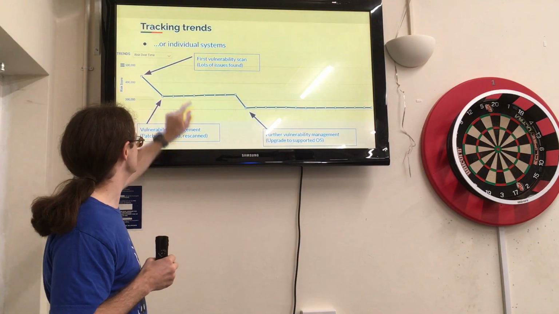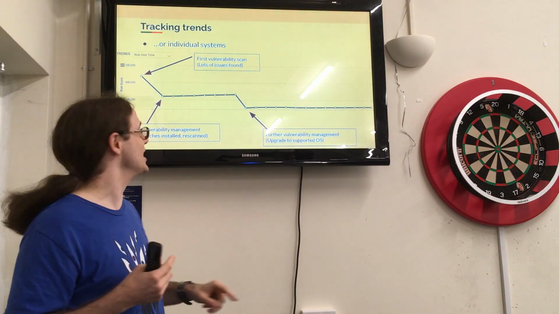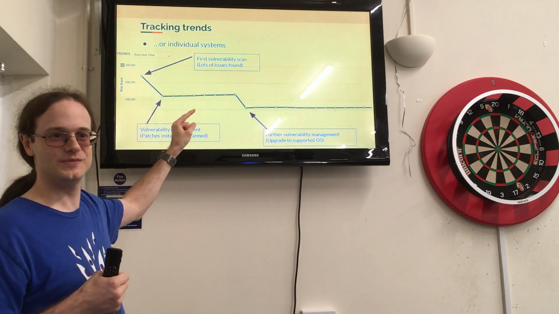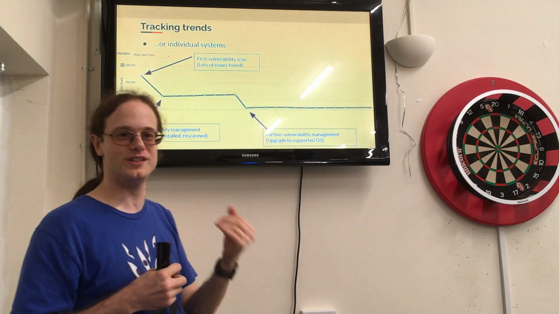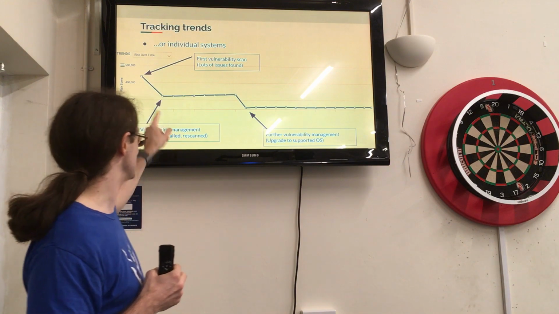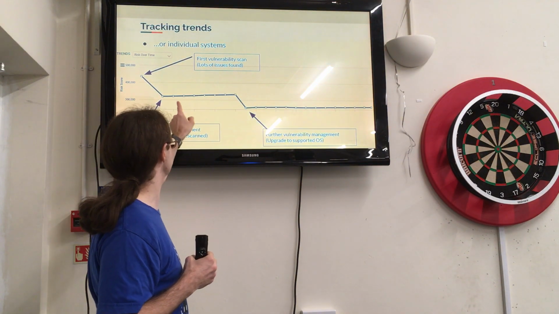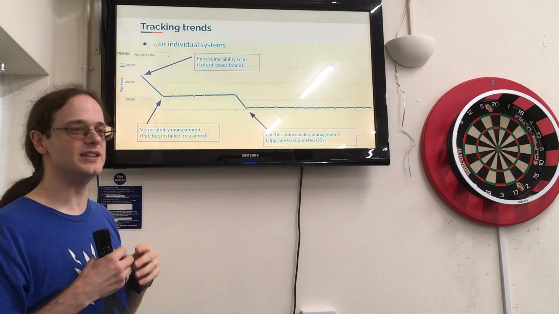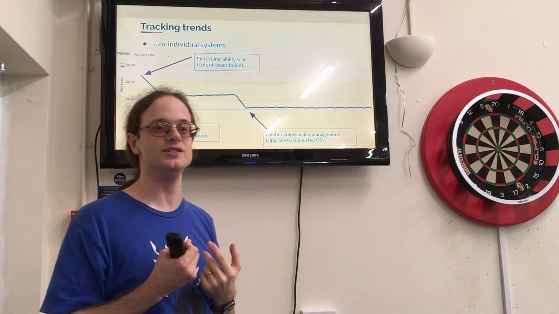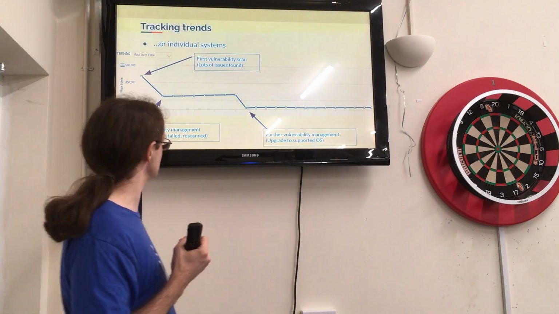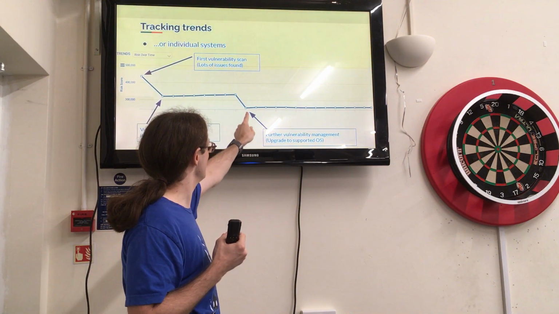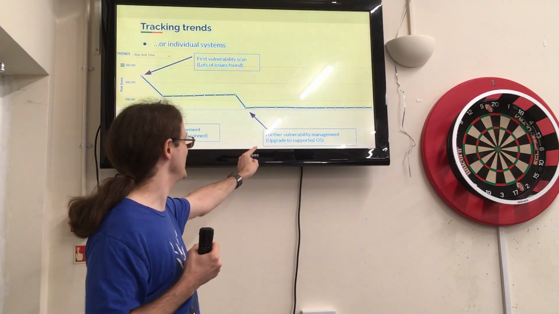So we could get the patches installed and rescan, and we see the score come down. So the risk is reduced, the number of vulnerabilities on the device is reduced. That's what we want to be seeing. Then it goes up a bit, perhaps the configuration changes, maybe some information about a vulnerability changes, things get regraded, so things will go up. And then someone will install some more patches, so the score will come down again.